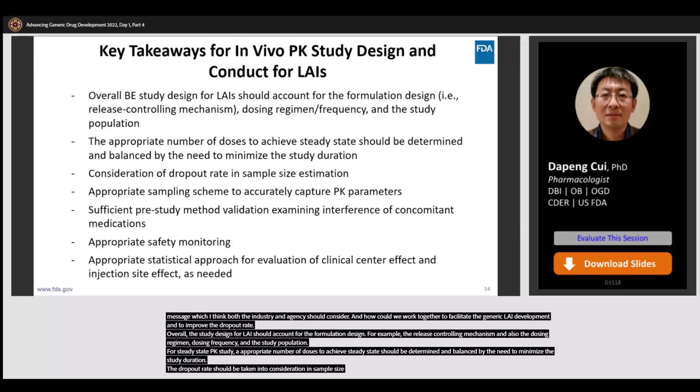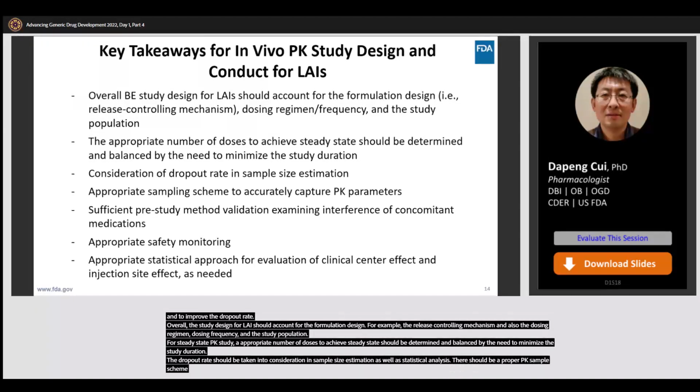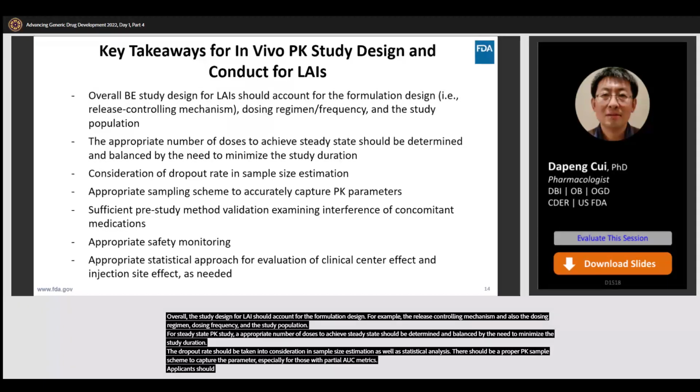There should be an appropriate PK sampling scheme to accurately capture PK parameters, especially for those with partial AUC metrics. Applicants should conduct sufficient pre-study method validation to examine the interference of concomitant medication and also evaluate the impact of potential in vivo drug-drug interaction.